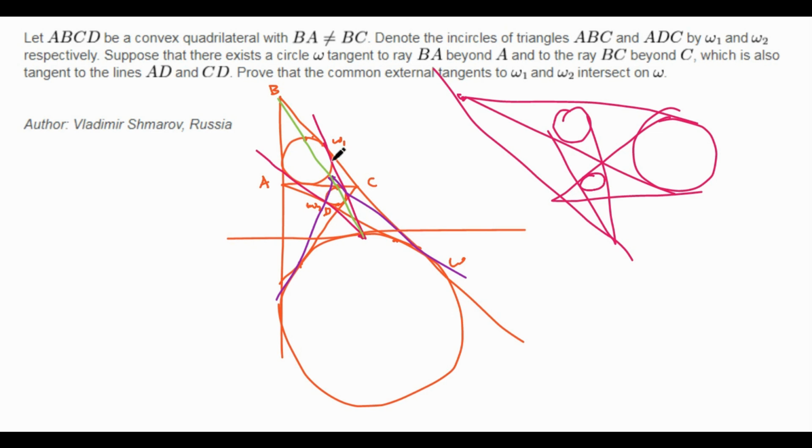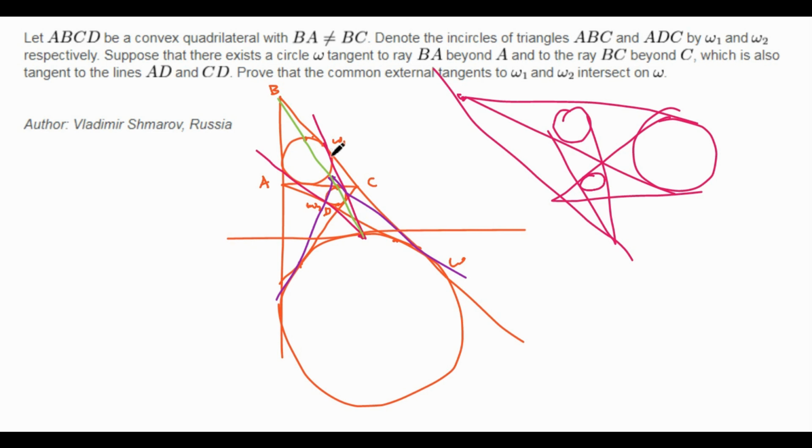And because we know that the purple point, the tangency point of omega 2 and AC, and the red point are collinear, in order to prove that both of these points are on the green line, all we need to do is prove that one of them is on the green line. And since, like I said, the purple point is kind of nasty, we're going to use the tangency point of omega 2 and AC. We're going to prove that this point lies on the green line.